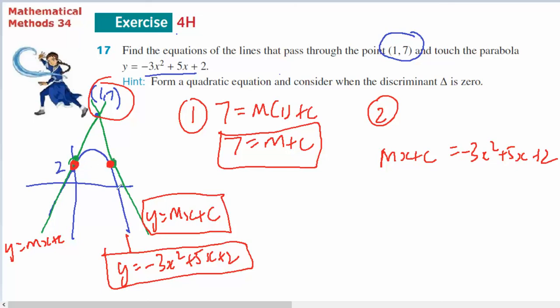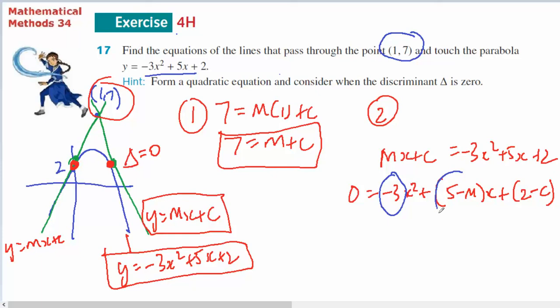Now, at that intersection point, it touches once. Therefore, the discriminant of that expression should equal 0, because there's only one intersection point. So 0 equals minus 3x squared plus, I've got 5x minus mx, so that's (5 minus m)x, plus (2 minus c). So for my discriminant, that's a, that's b, and that's going to be c.